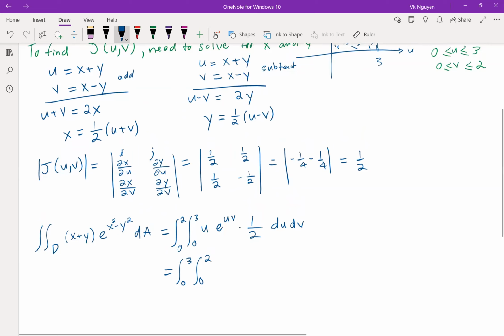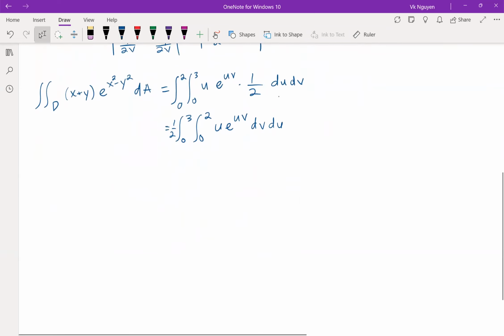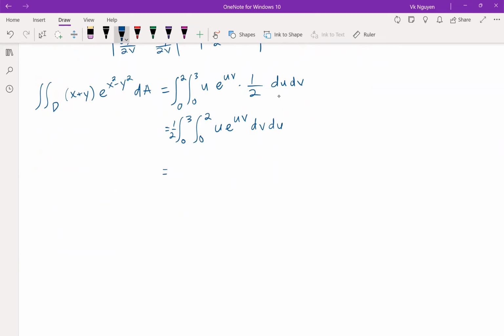So you can see the integral here, and then I'm going to pull the half outside. The integral of u e to the uv dv du. Now it looks better. Okay, so you can get this done with a u-sub.